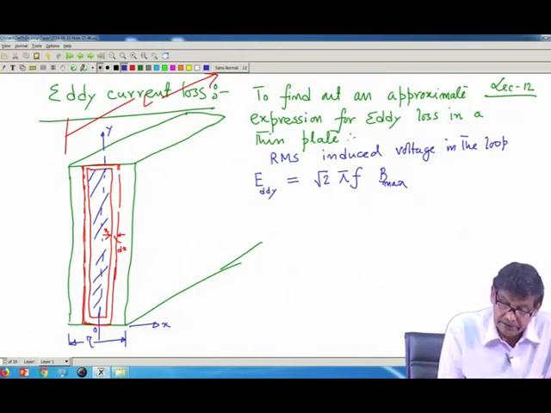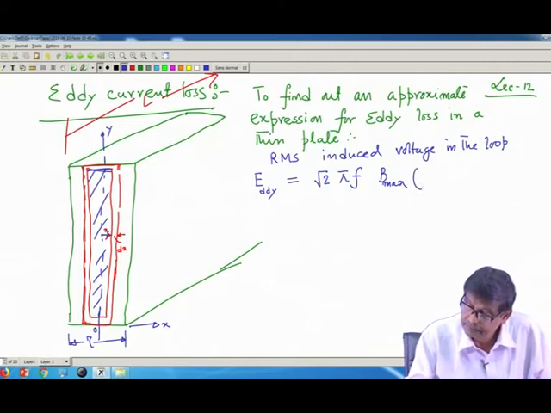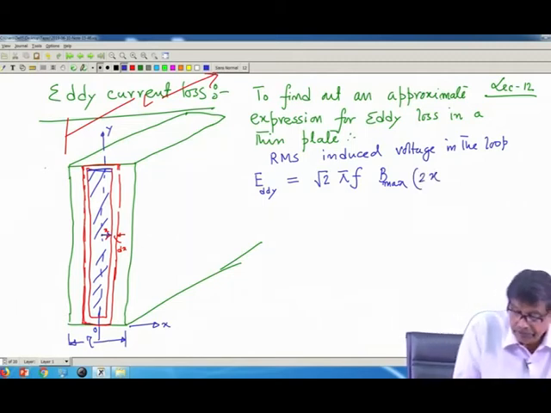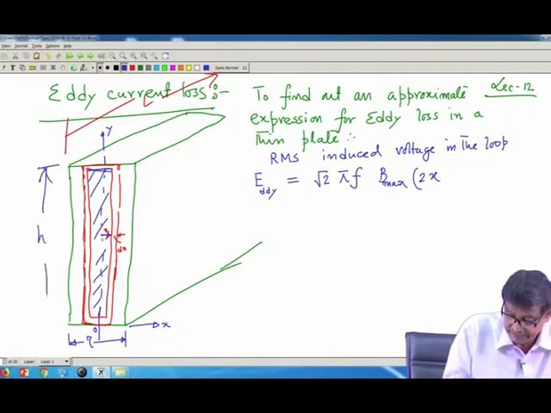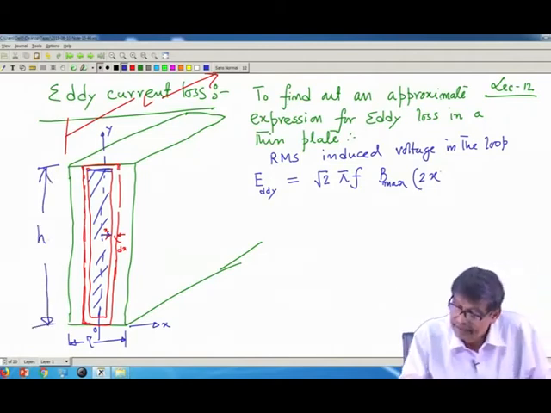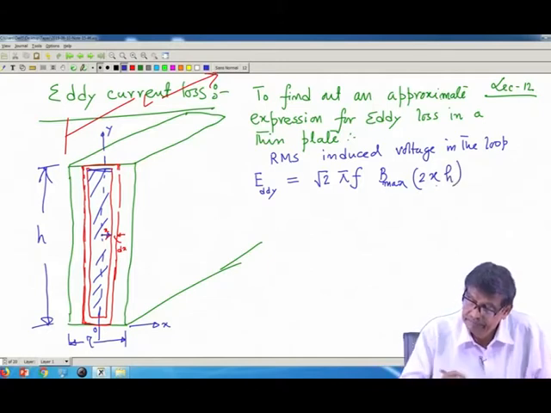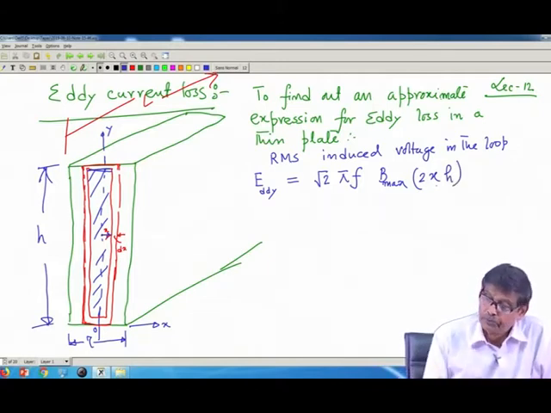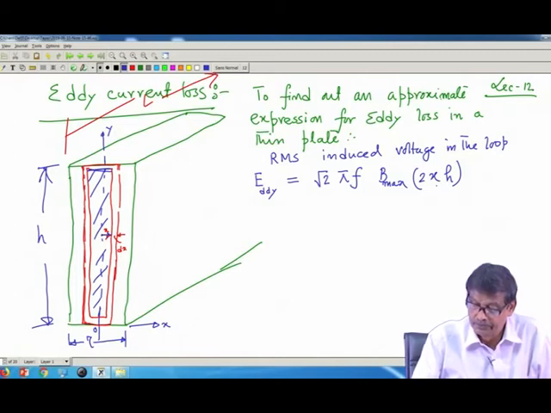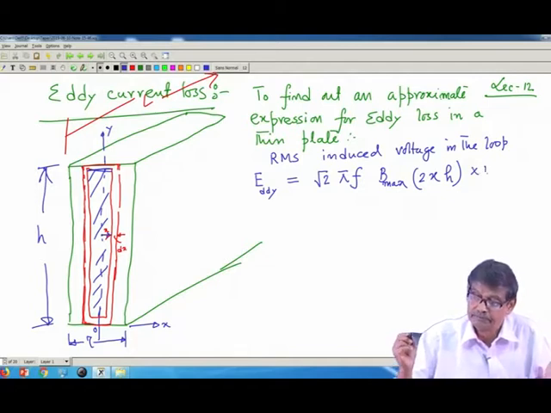This is 2x, at a distance x I have taken, into, suppose this is the height, I just call it h. So, root 2 pi f B max into 2x into h, it is phi max into number of turns, that is 1.